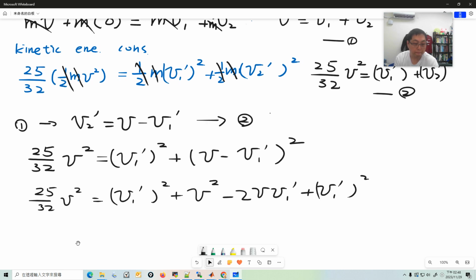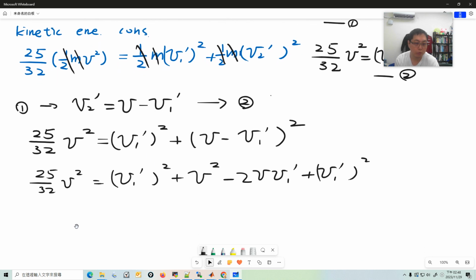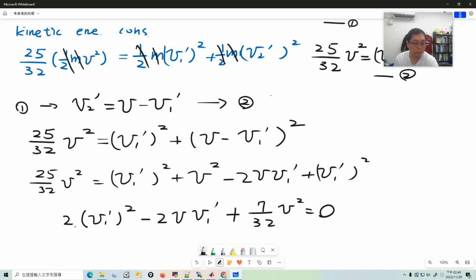Then we do some algebra to make it a more compact form. We'll have 2 v1 prime squared, minus 2 v v1 prime, plus 7/32 v squared equal to 0.